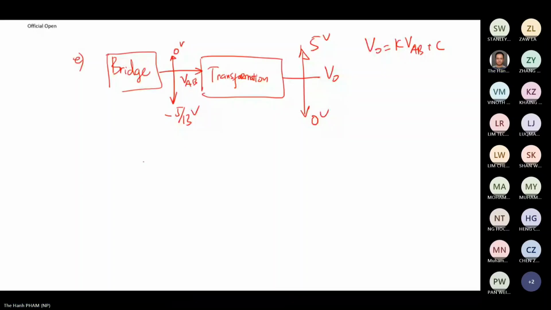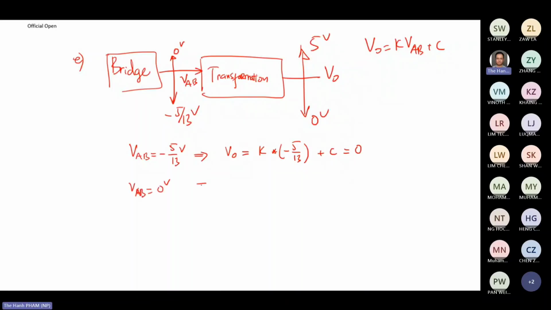When VAB is minus 5 over 13 volt, then VOut is K times minus 5 over 13 plus C, and this one is 0. And when VAB is 0 volt, K times 0 plus C should be 5 volt.